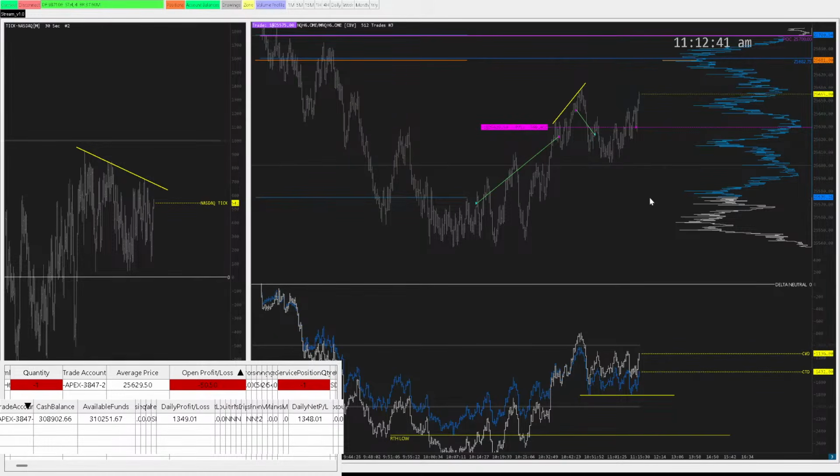Yeah, we got down close to that quarterly VWAP, and it hasn't been a strong rally out of there. I'll say that. Hasn't been a super strong rally.